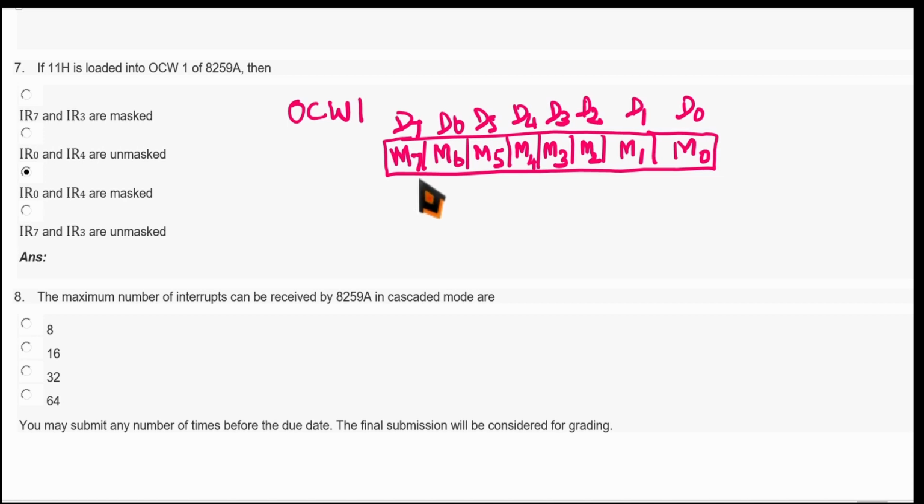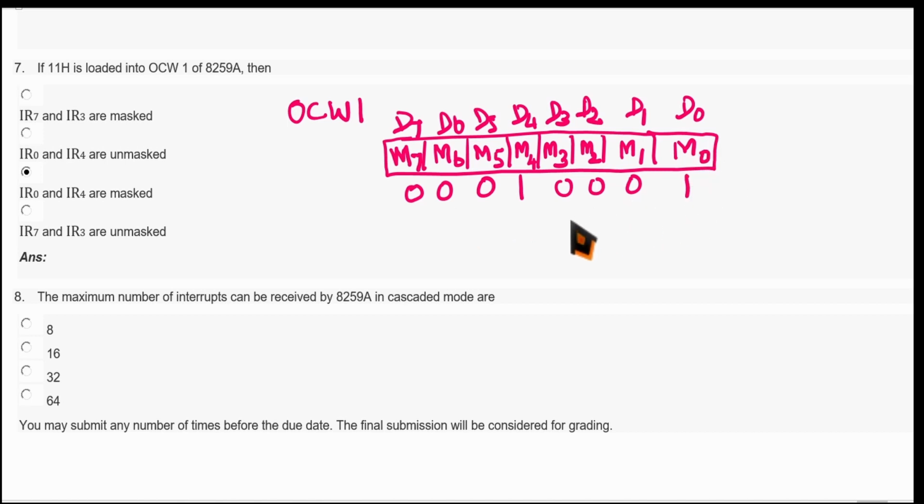Now, they are saying that the word is 1, 1. That means 0, 0, 0, 1. This is 1H. And here also 0, 0, 0, 1. So in this case, M4 and M0 will be masked and all other interrupts will not be masked.